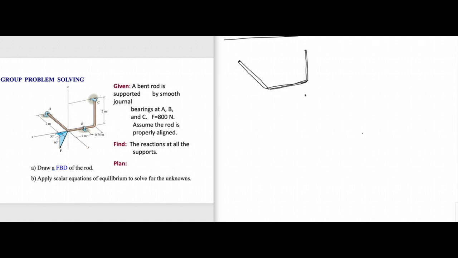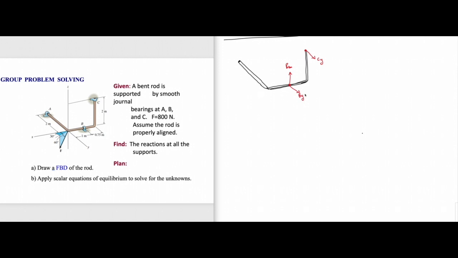So if we see at B, let's talk about B. At B, the support will prevent it moving in BZ. It will prevent it from translating even in BY. That means the whole system cannot translate in BY direction. What about C? At C, it will again not allow it to translate along CY.